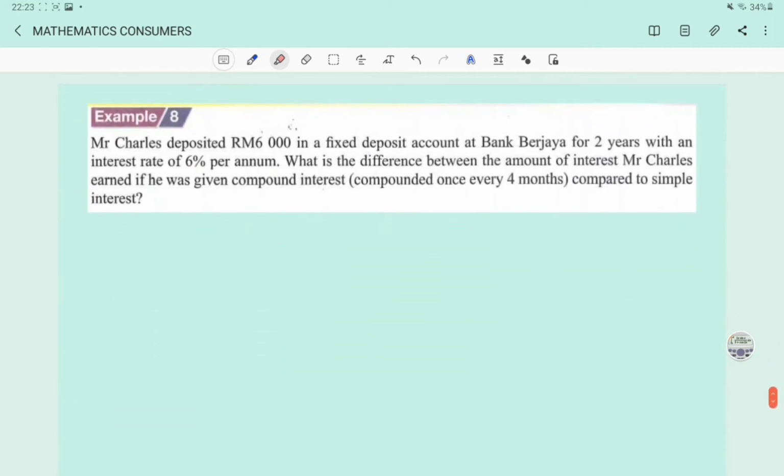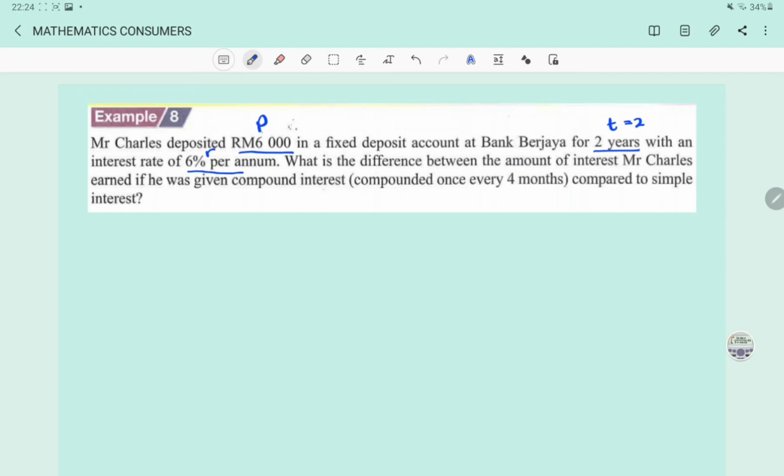Now the last example, example 8. Mr. Charles deposited 6,000 in a fixed deposit account at Bank Berjaya for 2 years. This one is T equals 2, with an interest rate of 6% per annum.